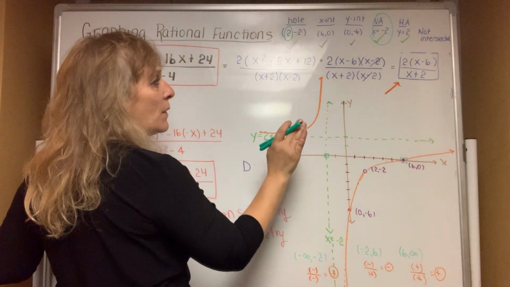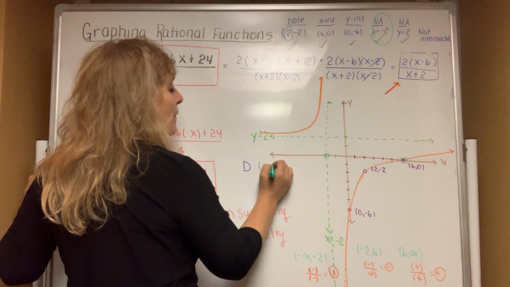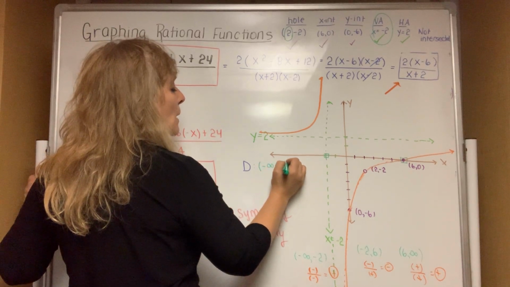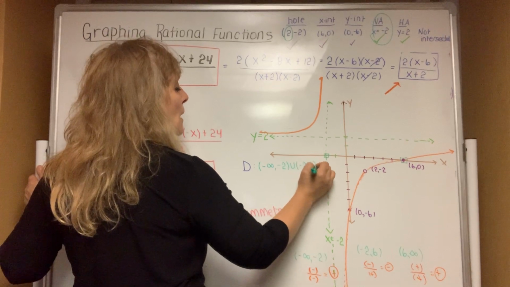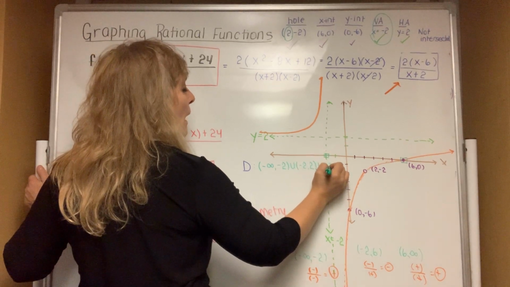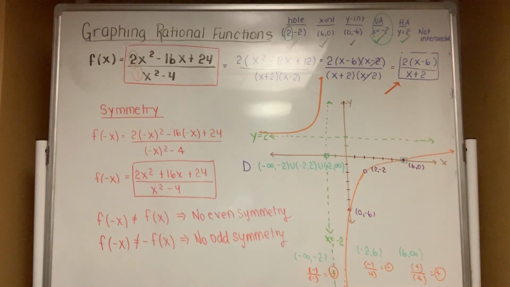So you're skipping over -2 and you're skipping over +2. So it's -infinity to -2, skip over -2 and go to 2, skip over 2 and go to infinity. That is the domain. So you always skip over the x coordinate of the hole and the vertical asymptote.